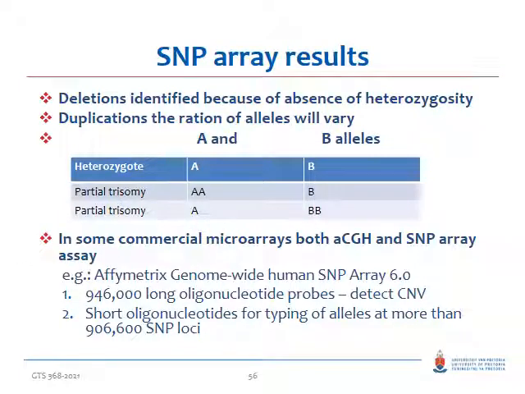The use of SNP arrays to identify gains and losses is a little bit less reliable, and array CGH is usually used for this purpose.